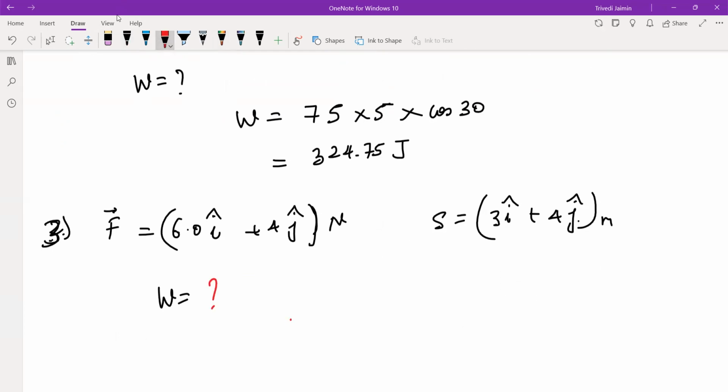So what will you do? Force into displacement. Do you know the vector dot product? Yes, we're doing dot products, not cross product. Just multiply the corresponding terms and add them. Simple.